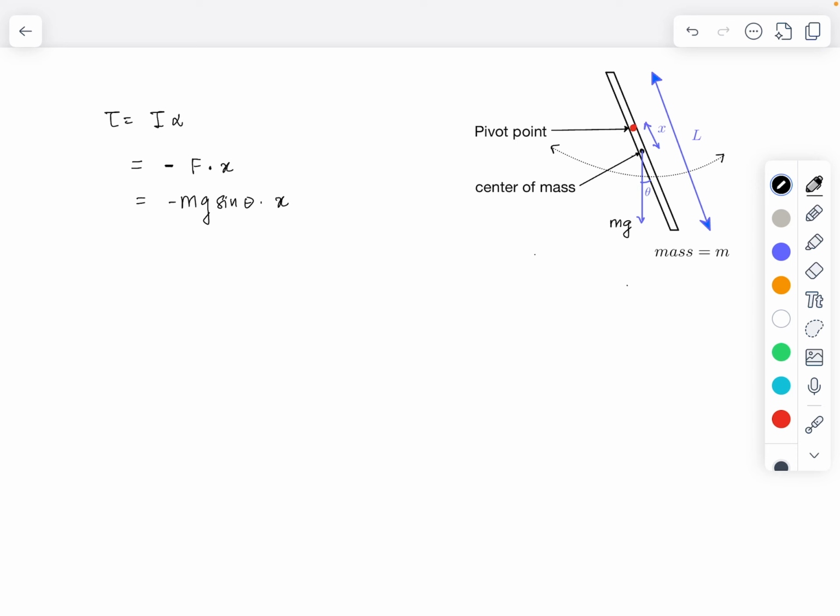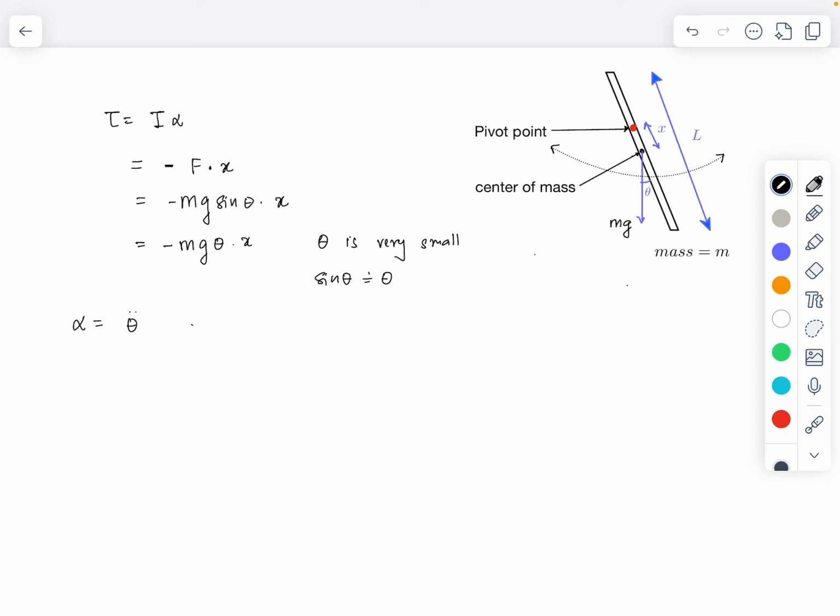When theta is very small, sine theta is approximately equal to theta. So this expression equals minus mg times theta times x. Now alpha is the angular acceleration, that is theta double dot, the second derivative of theta.